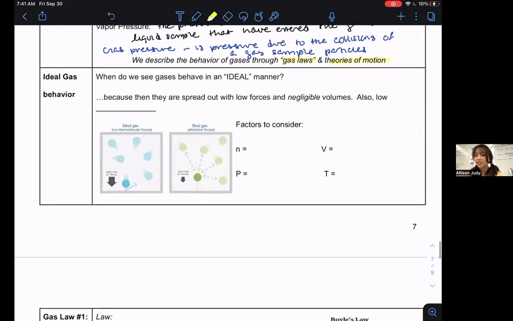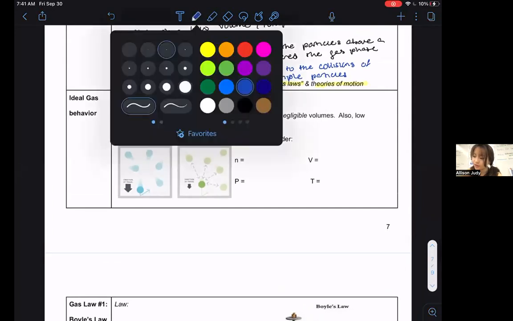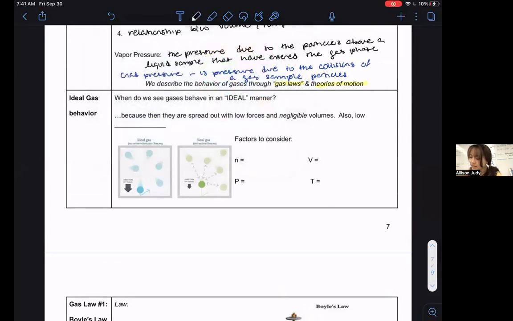Okay, so let me unpack the ideal gas, what we use to develop our mathematical relationship on. An ideal gas is a gas that has no IMFs between particles.